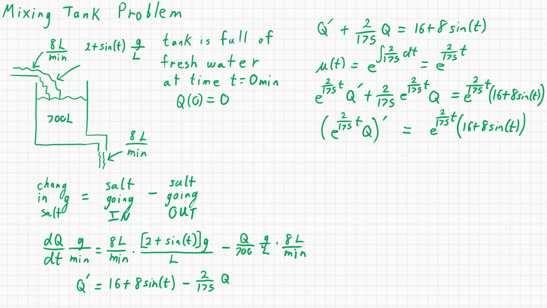Normally we take the integral dt of both sides. And so this one will give us e to the 2 over 175 t times Q, because the derivative and the integral pretty much cancel, equals, we're not going to do that one.